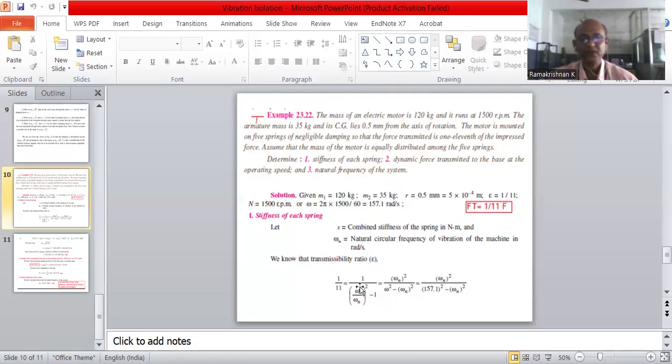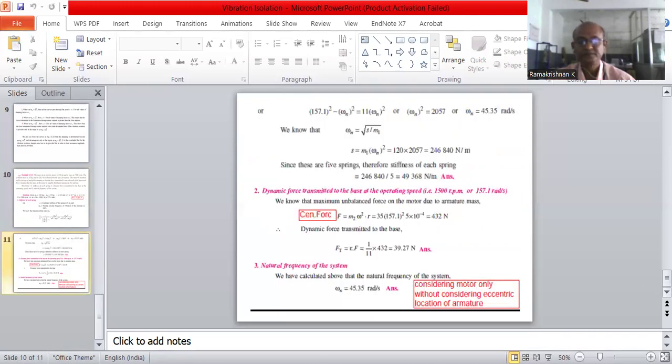We know the transmissibility ratio formula, and then we have C equal to 0. Simply substituting, we get omega by omega n whole squared minus 1. On simplifying, we get the value of omega n, the natural circular frequency, 45.35 radian per second.